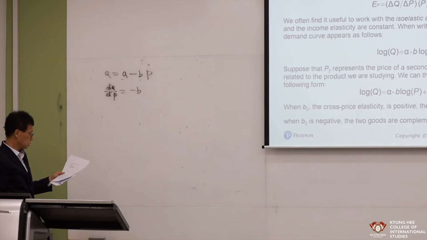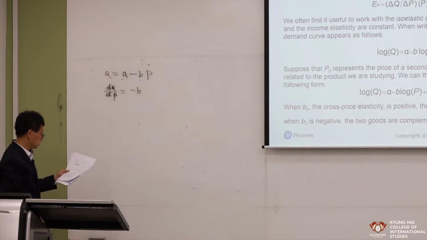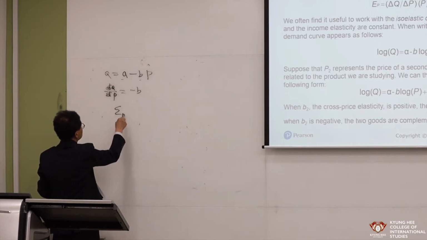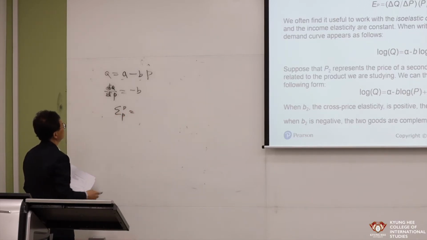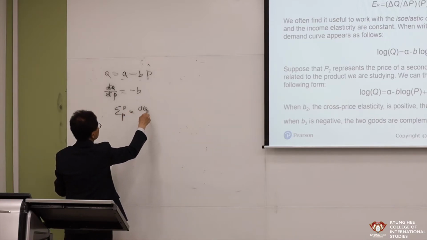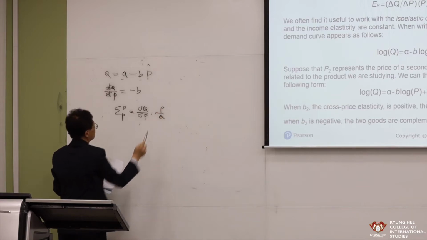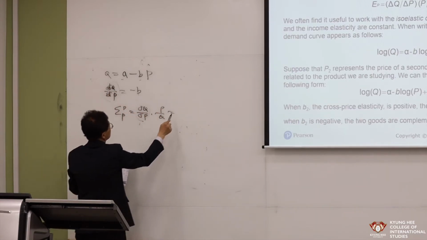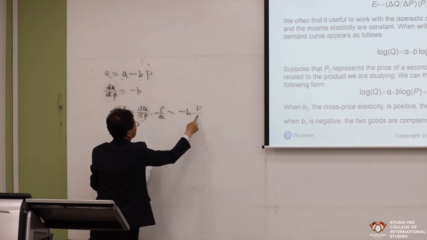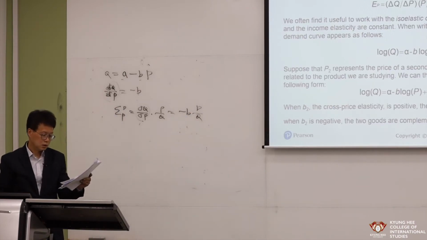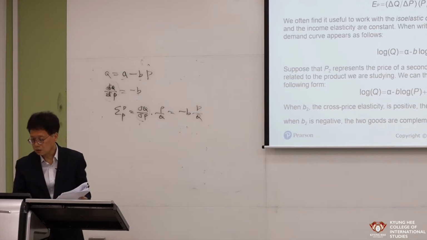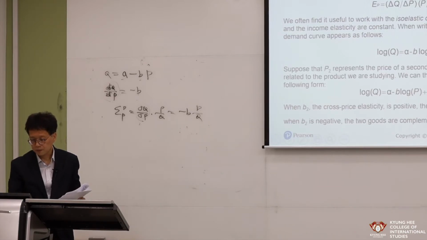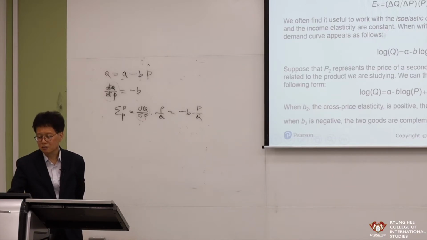And we know price elasticity of demand. Price elasticity of demand is the changing Q over the changing price multiplied by P over Q, right? So this one is minus B, so minus B times P over Q, like this, right? That is explained here. But usually economists use logarithms, right?